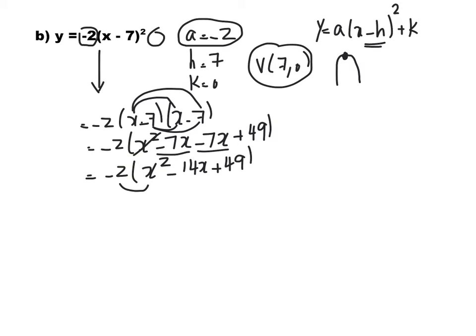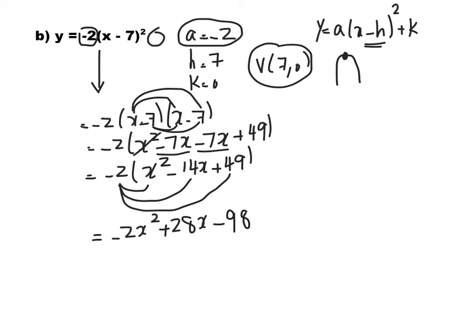Now I multiply negative 2 by every term inside. I get negative 2x squared. Negative 2 times negative 14x gives me plus 28x. And negative 2 times 49 gives me negative 98.